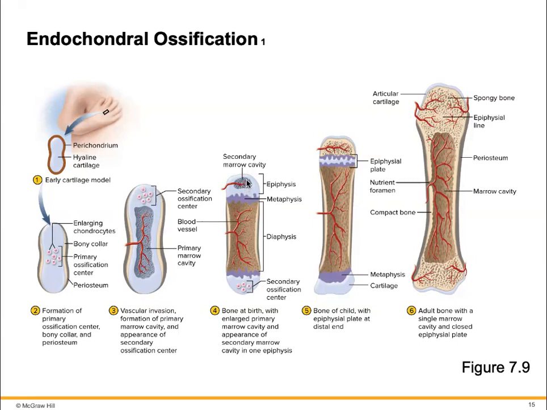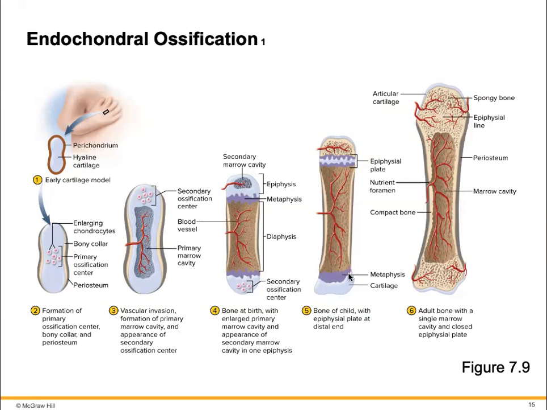When that cavity gets infiltrated by your blood vessels, you end up having osteoclasts working with osteoblasts to continue developing the spongy bone in those regions. And then the opposite epiphyseal end will have the same thing happen. And we have these regions of what we call metaphysis, which I'll show you a more detailed picture of in just a moment.